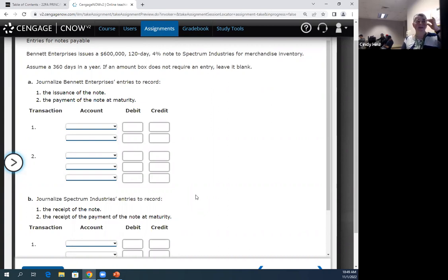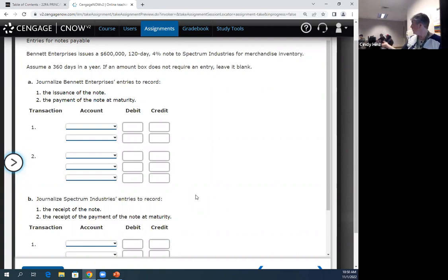So what might have happened here? Bennett needed to buy a substantial amount of inventory. Maybe the normal terms with Spectrum are, they have to pay the bill in 30 days. And Bennett says, yeah, but we're not going to have the $600,000 to pay you in 30 days. So would you give us a little bit more time than that? And Spectrum says, how about 120 days?